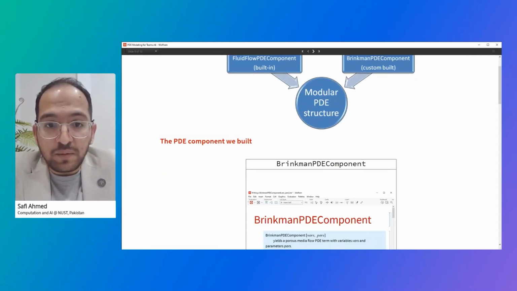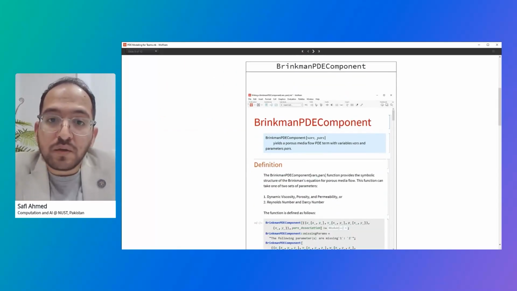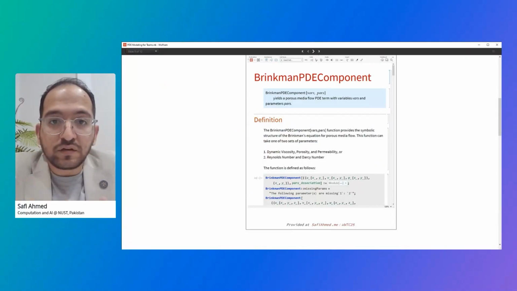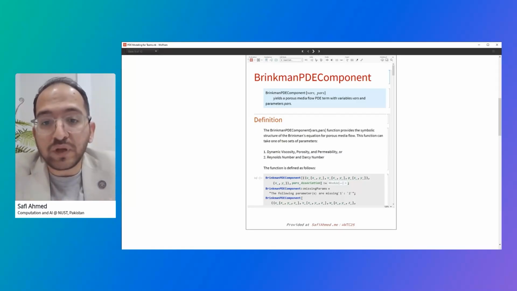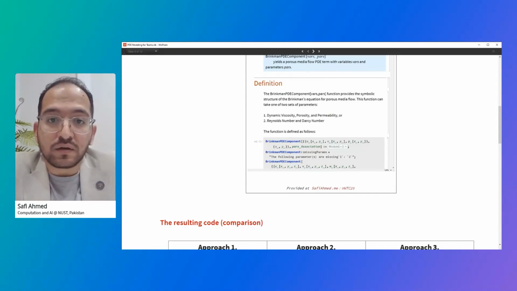The component that I built, I have pasted the screenshot here, but you can also find it in the materials. Basically, I wrote a component that encapsulated the Brinkman partial differential equations, and you can find the documentation for it in the materials along with this presentation.